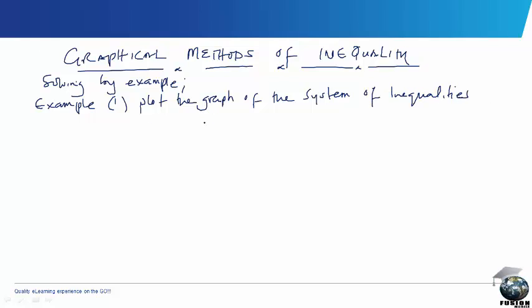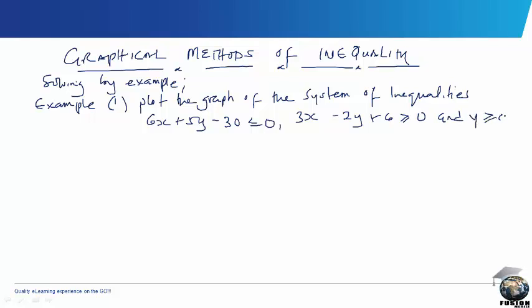You're given 6x plus 5y minus 30 is less than or equal to 0, and then 3x minus 2y plus 6 is less than or equal to 0. Also x is greater than or equal to 0, and y is greater than or equal to 0.